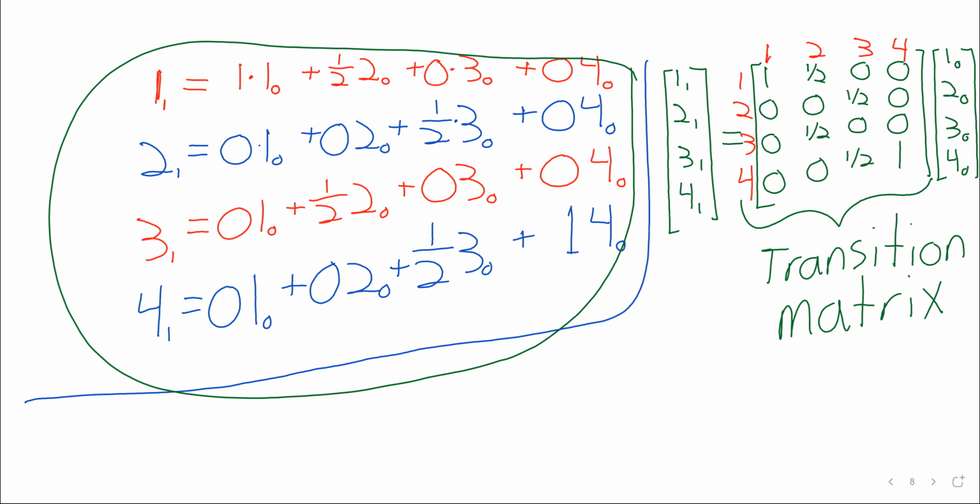This 0 in the state 2 column, state 4 row, is the probability of going from state 2 to state 4. It's a 0 probability.